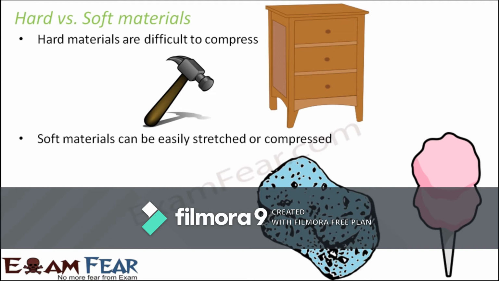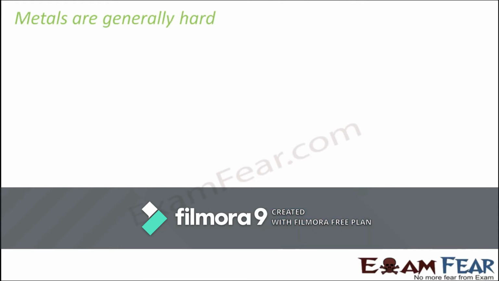So they are quite hard. You think of a hammer, that's again quite hard. So these are examples. Just by looking at materials, you can say which one is hard and which one is soft. This helps when you want to create something, let's take again the example of the bell. For the bell, you do not need a soft material, you needed a hard material. So you chose metal.